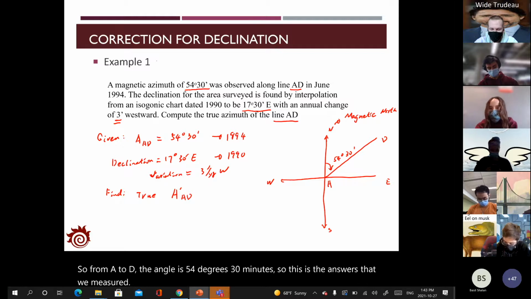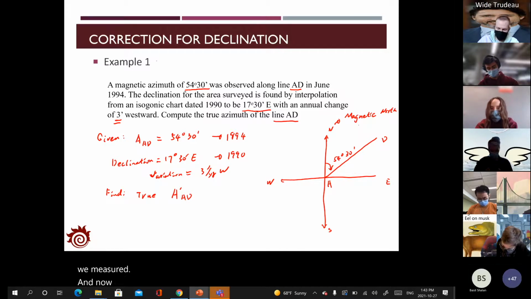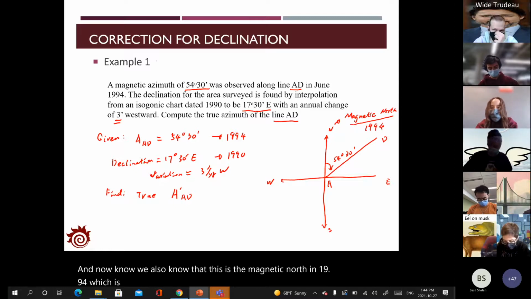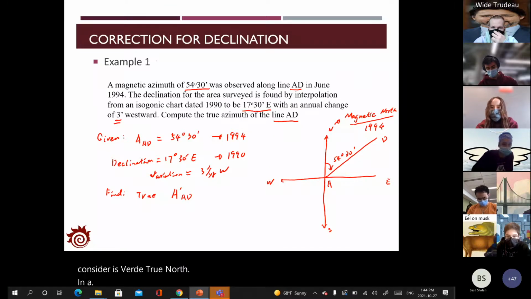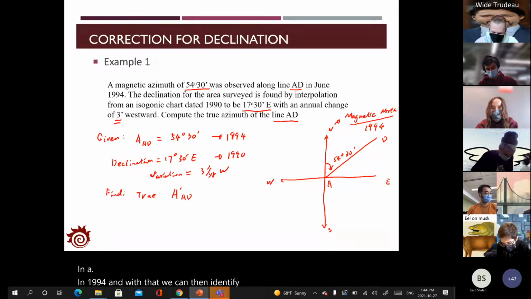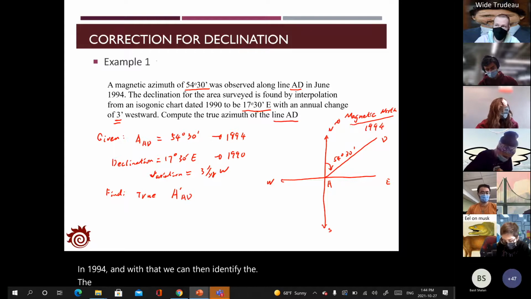And now we also know that this is the magnetic north in 1994, which is the year we do the measurement. And now the next thing we have to consider is where the true north is in 1994, and with that we can then identify the azimuth for the line A to D in 1994.